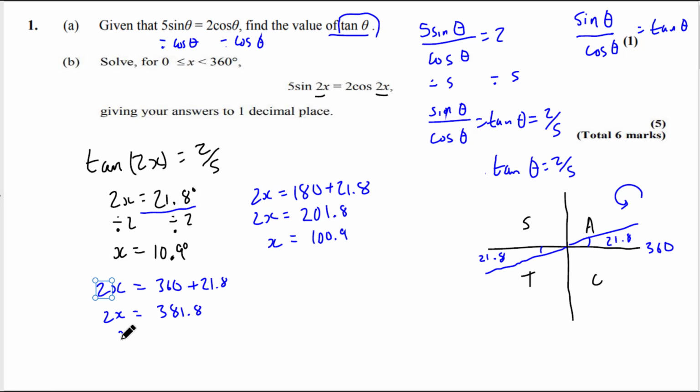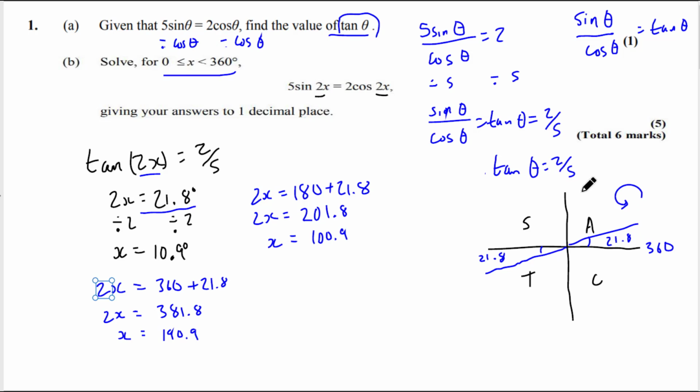Divide that by 2 and we get another solution for tan as 190.9. That's still in the range between 0 and 360. Now if you were to try this on your calculator, input this figure for x into this formula here, you will get those answers. So 360 add 21.8, that's another one.